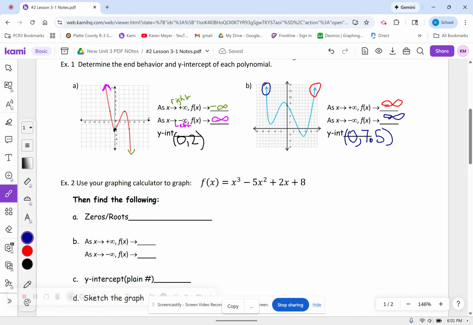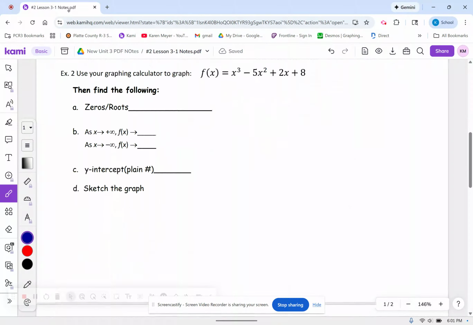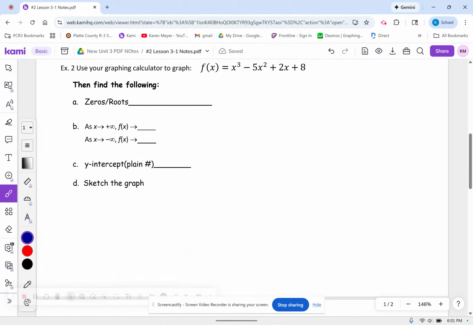Okay, so now what we're going to do is we're going to join what we were doing in our last lesson, where we are finding the zeros and also putting the end behavior and y-intercept. And then we are going to make a sketch of the picture as well.